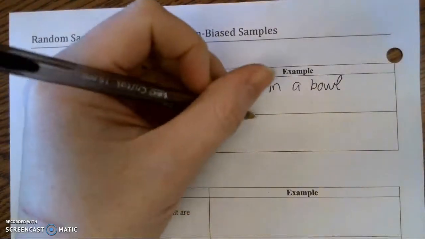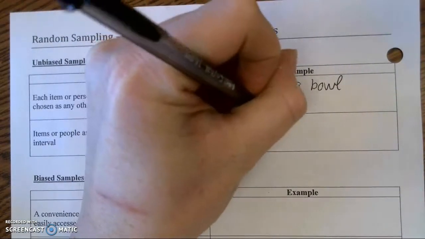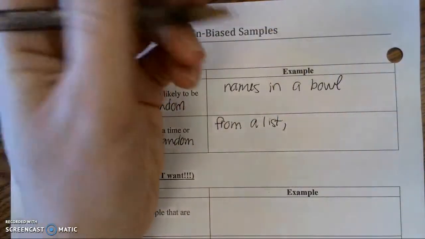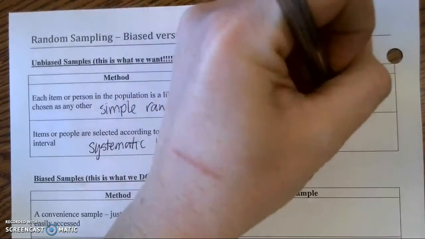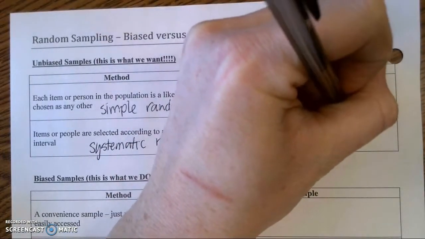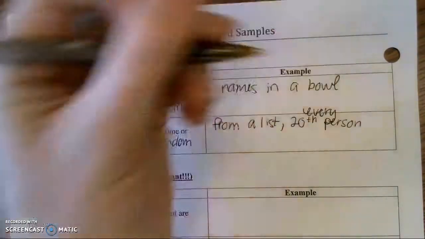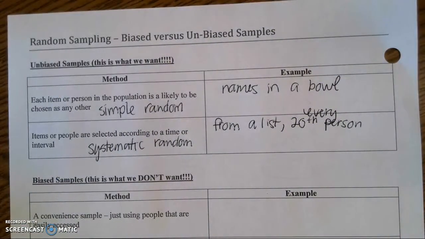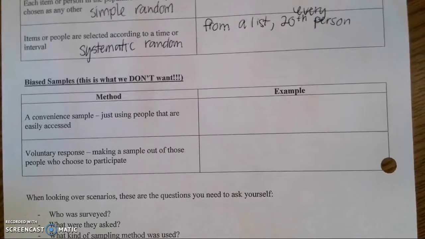Other examples would include choosing names from a list, like if you're choosing every 20th person each time. So every 20th person, or like I said, every 10th person that enters a place, those would be examples of systematic random. Okay, people are still going to be selected at random, but there's a method to it.